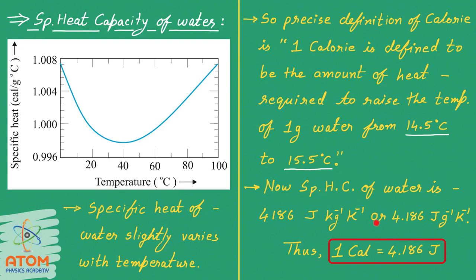So as per that definition, if you want to increase the temperature of 1 gram of water by 1 degree Celsius, then you require 4.186 joule. In the definition of calorie, we have seen the same thing, that the heat required to increase the temperature of 1 gram of water by 1 degree Celsius is known as 1 calorie, right? So it's very obvious that 1 calorie is 4.186 joule, right? 1 calorie is 4.186 joule.